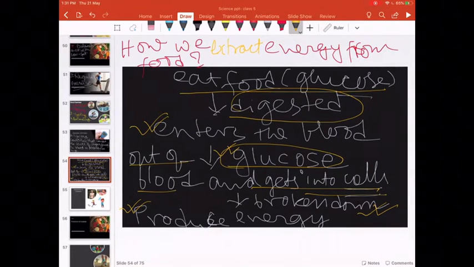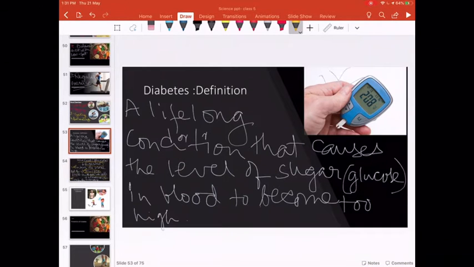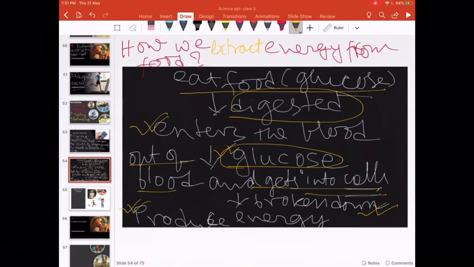Alright? Now students, suppose a person has got diabetes. When a person has diabetes, what happens? In a diabetic person, glucose cannot move properly from the blood into the cell.